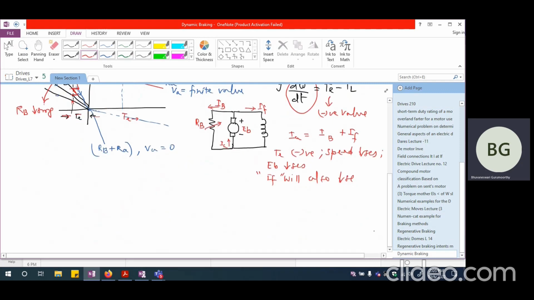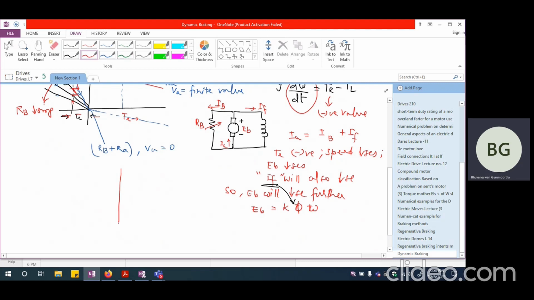That is not going to be the case here. IF will also decrease. So EB will decrease further, because EB is equal to K multiplied by phi, which is actually because of the IF value. Whatever is the field current, that is going to cause the flux. So the flux is also going to decrease, and the speed is also decreasing. So EB is going to decrease tremendously.